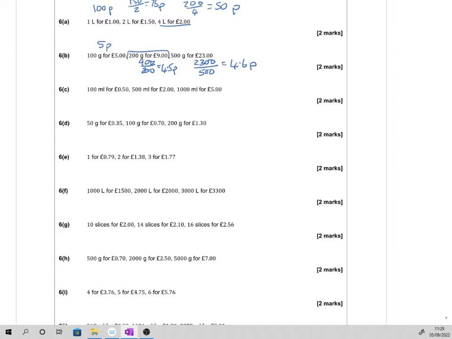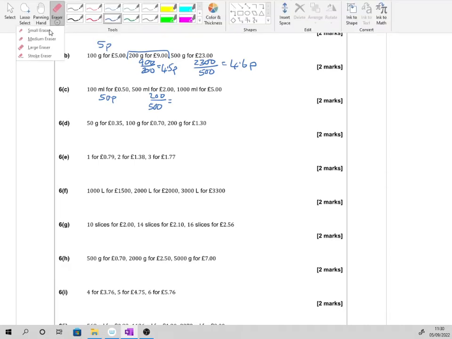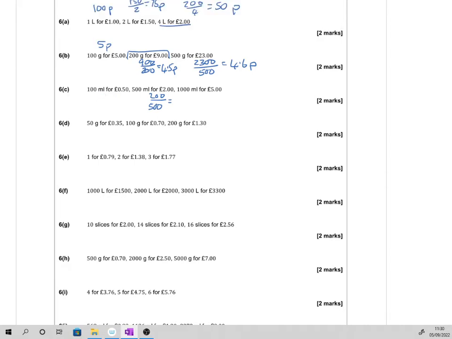Okay, so 100 mils for this one costs 50p. 50 divided by 100 equals 0.5.